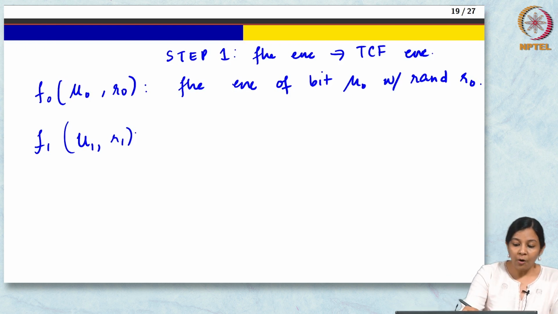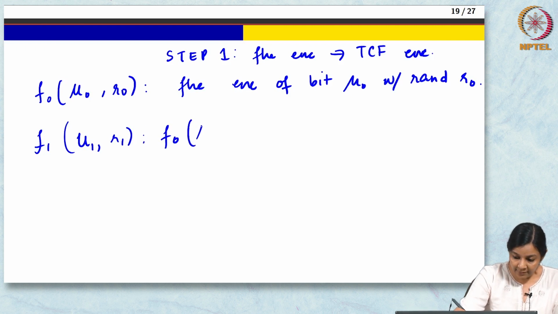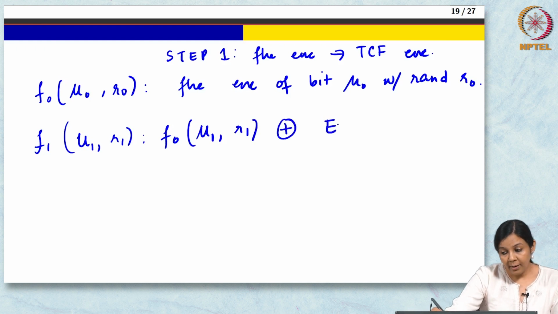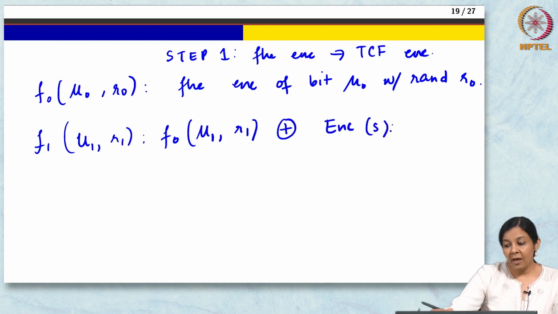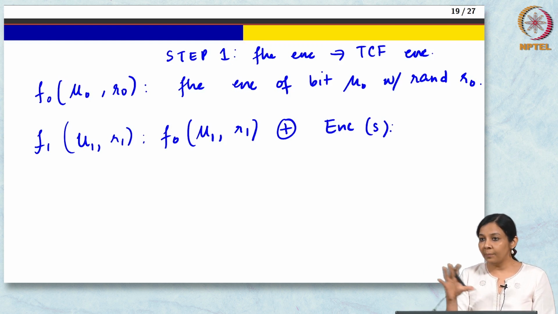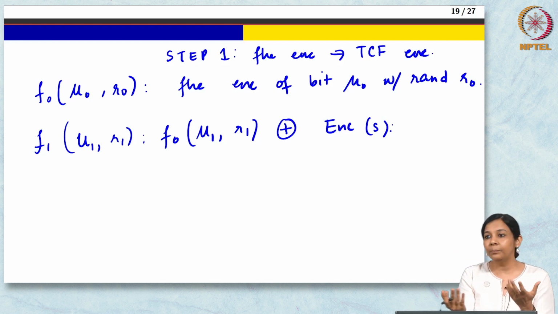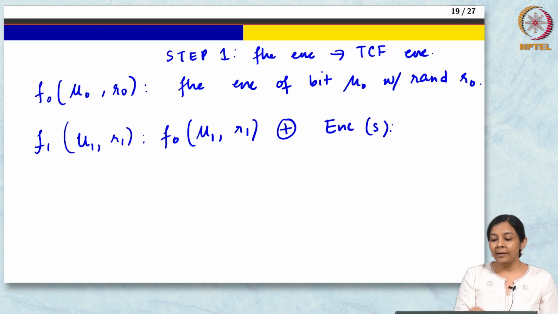So, how do I define F1? Well, I define it as F0 of mu 1, r 1 XOR an FHE encryption of S. Note that S has to somehow come into the picture, because I need this TCF encryption to encode the bit S. So, what am I doing? I am doing an encryption of mu 1; F0 is an FHE encryption.